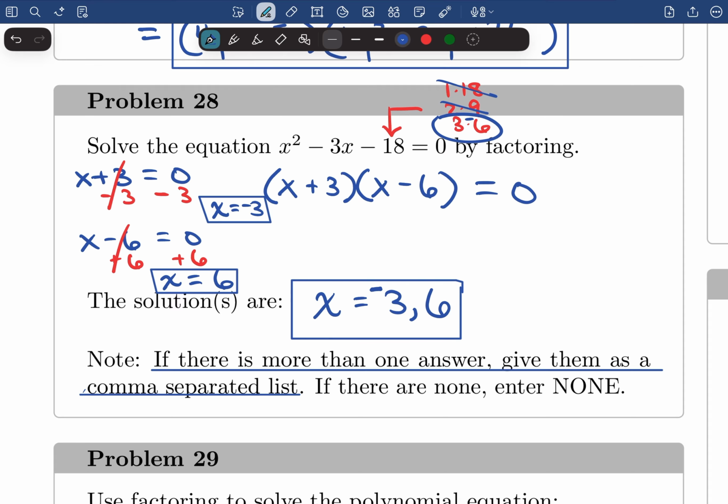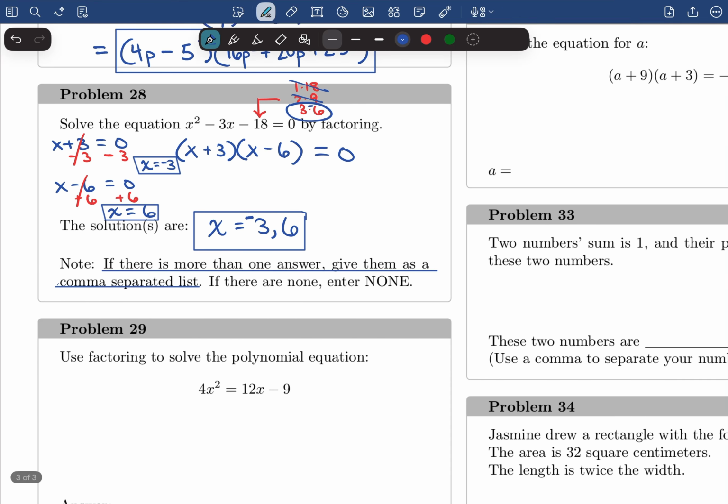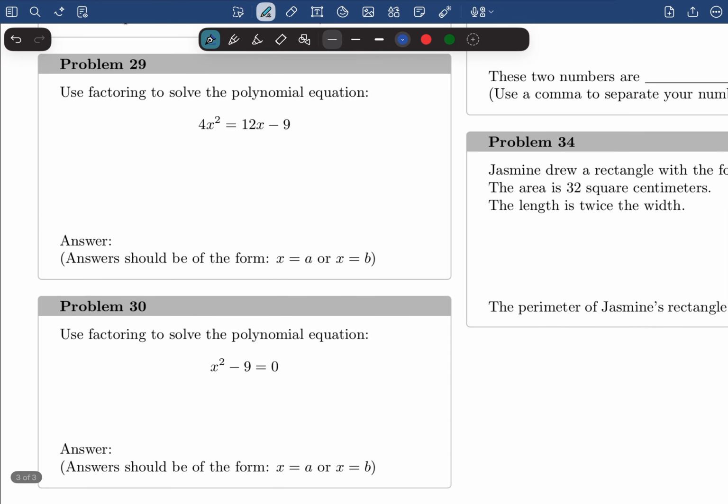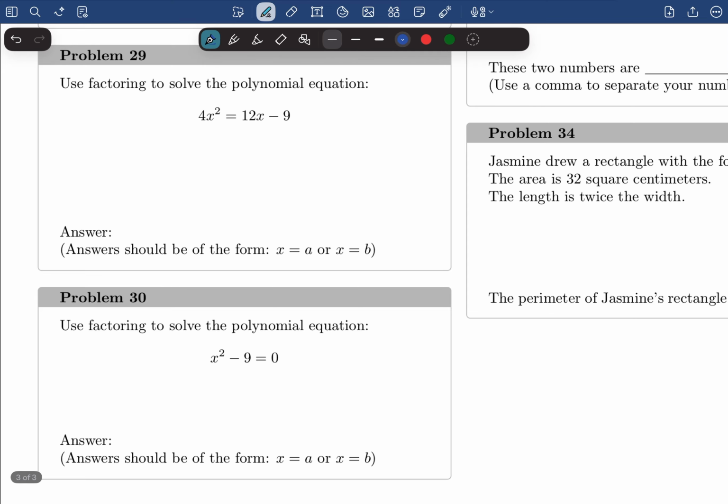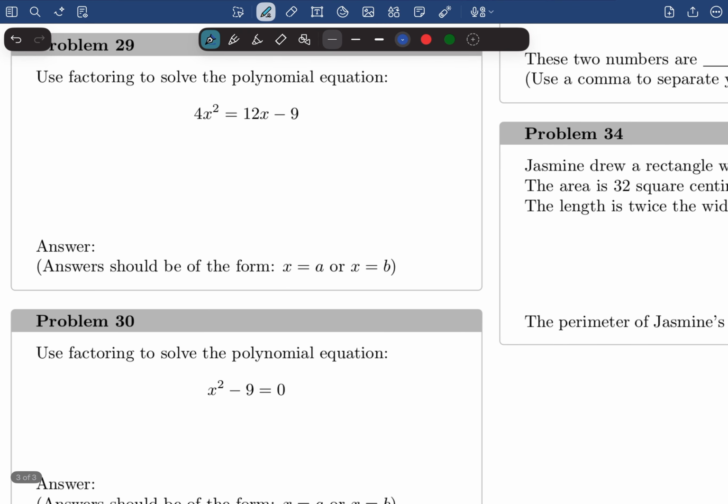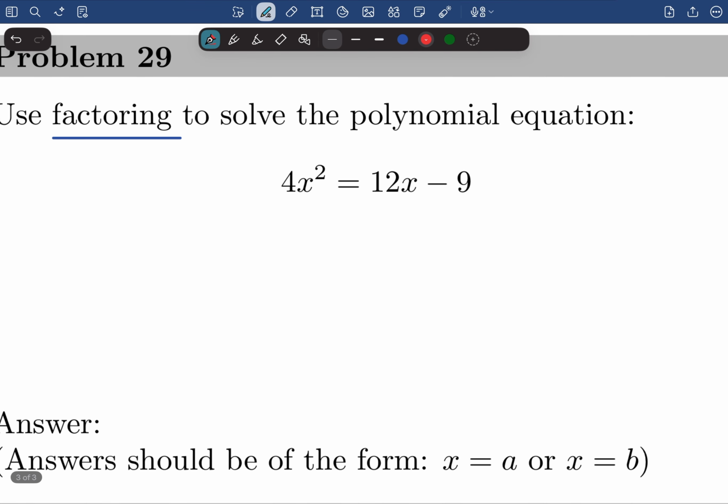That's great. So let's go ahead and move forward to problem number 29, which says use factoring to solve the polynomial equation 4x squared equals 12x minus 9. Now to use this zero product property and factoring, we have to set the equation equal to 0. So the first thing to do is to set it equal to 0 by subtracting some of this stuff to the other side.